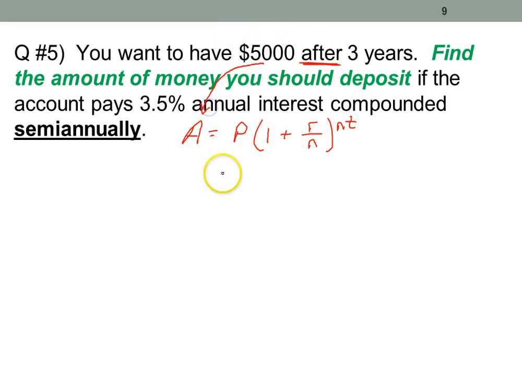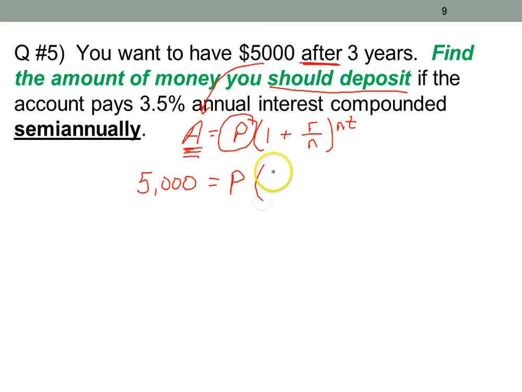That's what I want. That is my A. So when I'm plugging this in, that goes in for A. The question says find the amount of money you should deposit. So I'm looking for P. So this one's backwards. So A, I want $5,000 in the end. P is what I'm looking for. How much do I have to deposit?